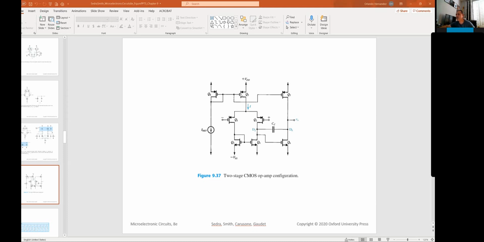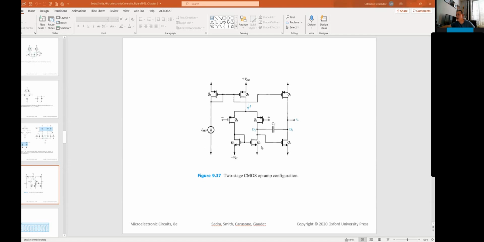So here we have the bias current with the P channel current mirror here, and you're used to seeing the reference resistor on the top of the current mirror. Now we have it at the bottom towards VSS, but nothing has changed.